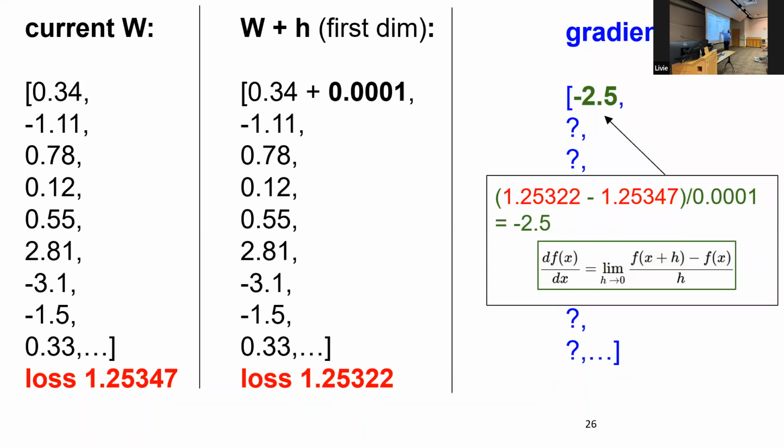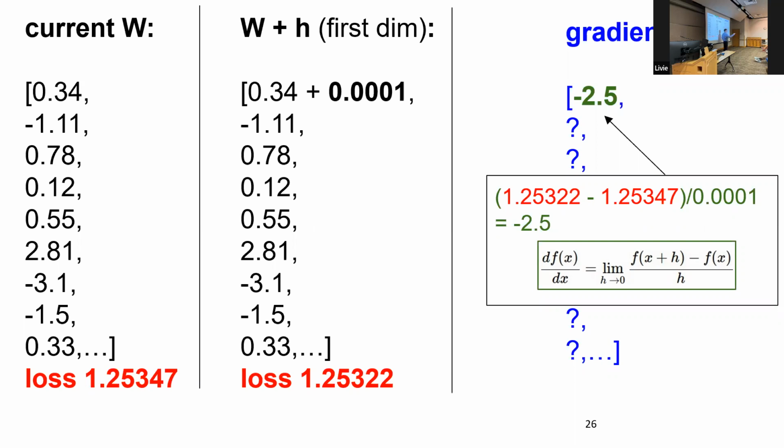So we take this first number, 1.25322, is f of 0.34. The second number, 1.25347, is f of 0.3401. And that gives us the change in height, divided by the step size, which gives us the slope of the loss function at that weight.